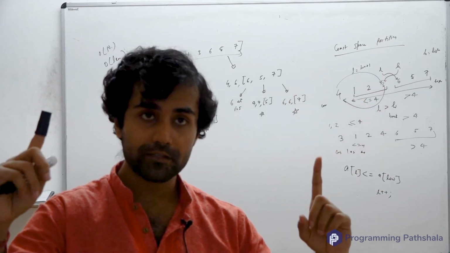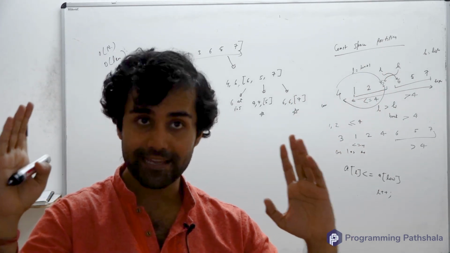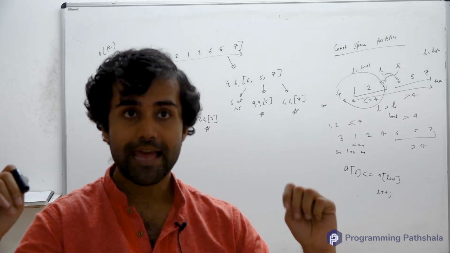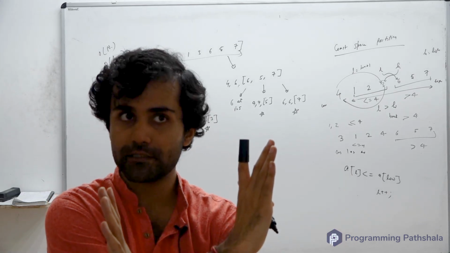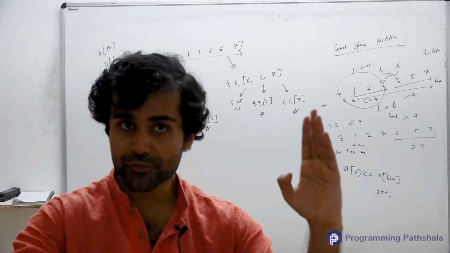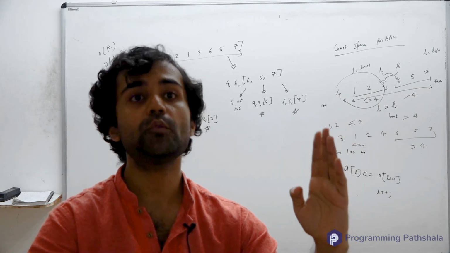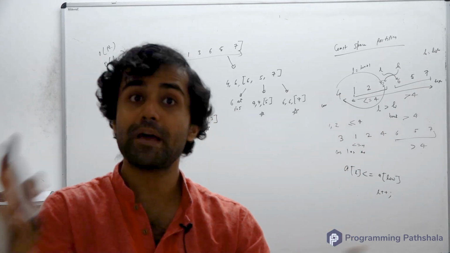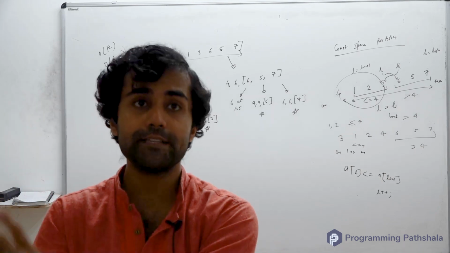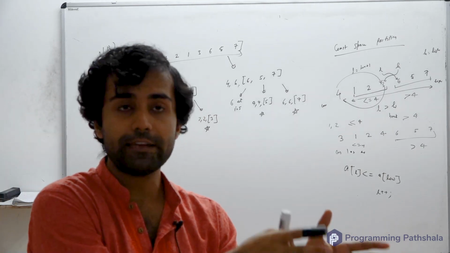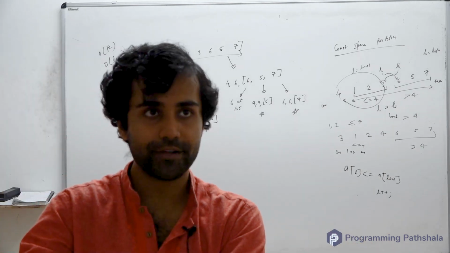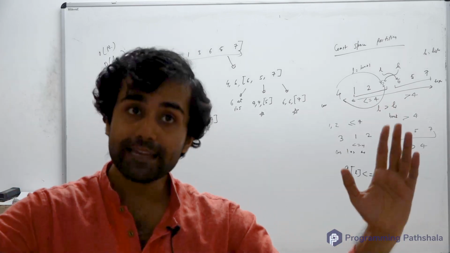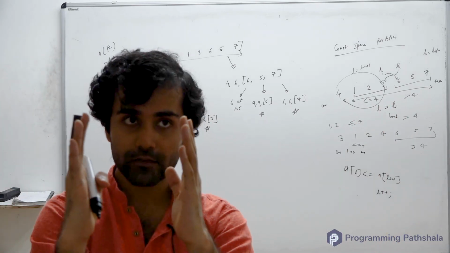Now, the moment you see that L and H have still not overtaken each other, but they have stopped somewhere, in order to unblock that journey, you would want to swap them. And swapping makes a lot of sense, because everything smaller should come to the left and everything greater should go to the right. Okay, so you will swap them. And then again the same journey of coming closer will start.